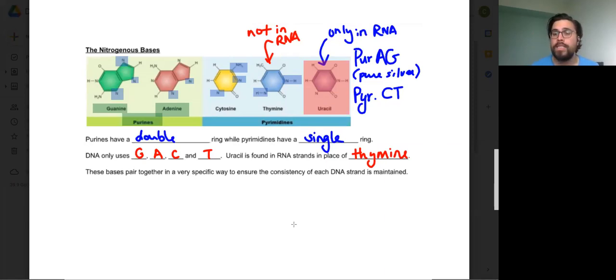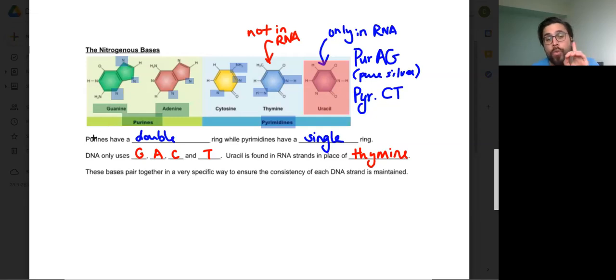While pyrimidines, in blue, are single ringed structures. These single ring structures versus double ring structures make a difference in how they behave, and we'll spend a bit of time talking about that as we move through this section.